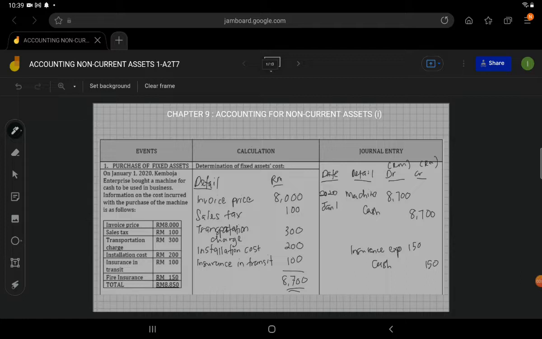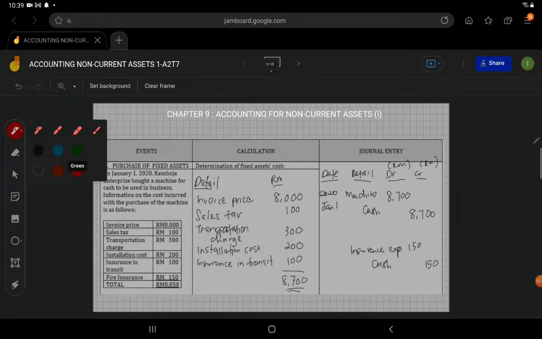So we continue our discussion, and in this video, I will show you how to calculate, first, how to determine fixed asset cost. Look at the question here.